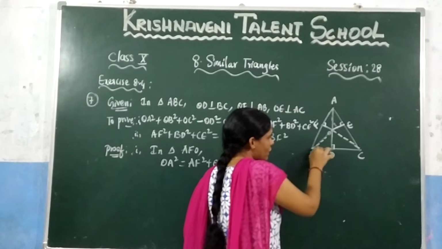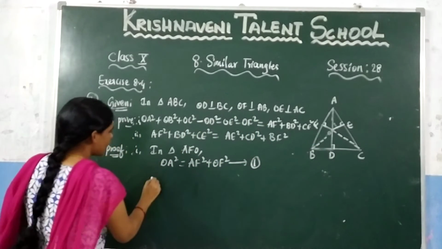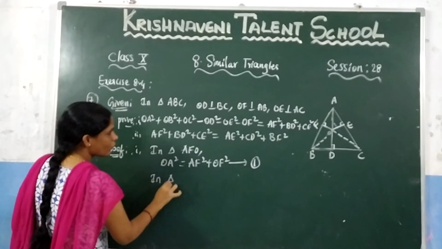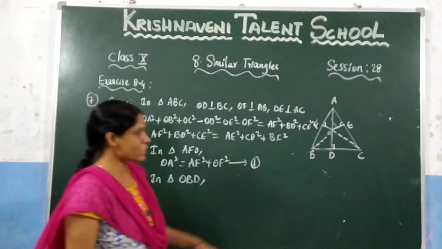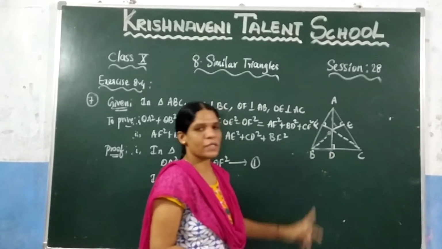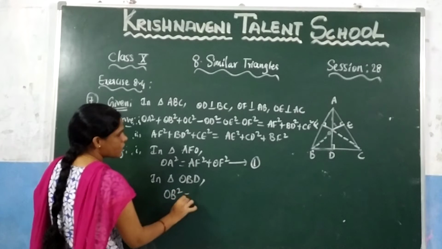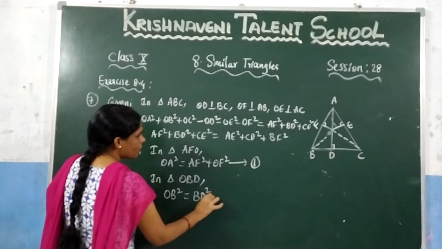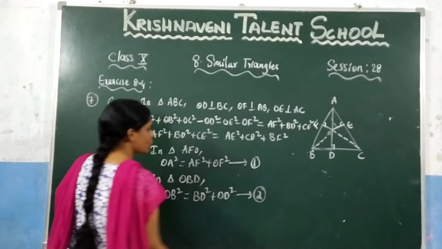So you need to choose this triangle which is OBD. So write it here, in triangle OBD, what is the hypotenuse in this case, which is OB square is equal to OD square plus BD square. So write it here: OB square is equal to BD square plus OD square. Let us consider this as equation 2.